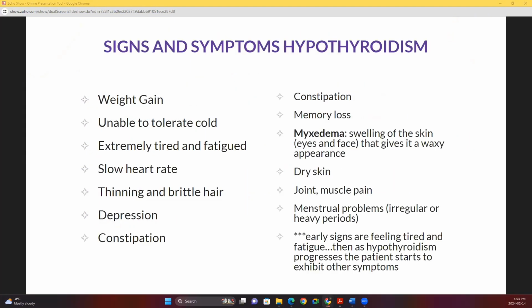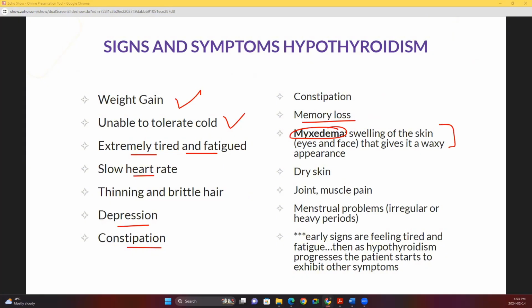So let's discuss: weight gain, unable to tolerate cold, extremely tired, extremely fatigued, slow heart rate, brittle hair, it is breaking, depression, constipation, memory loss. Myxedema, what is myxedema? Myxedema means swelling of the skin and it looks like wax. It is easy to remember.